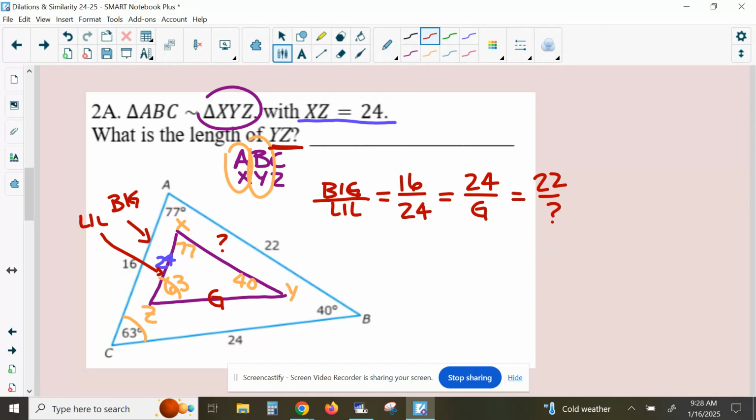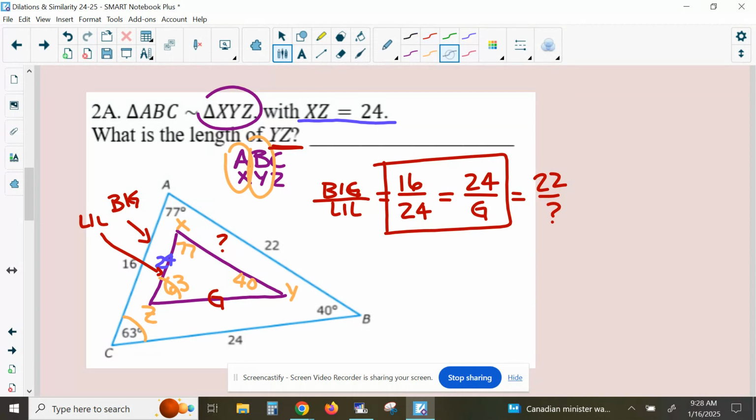Okay, so now that I have these, I can pick a proportion, a pair of fractions, to crisscross multiply and solve. So, do you see that we can pick a pair? We can pick these two right here. We can crisscross multiply. Okay?